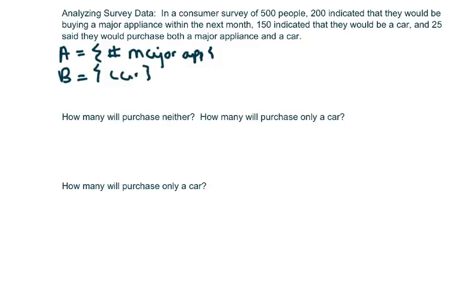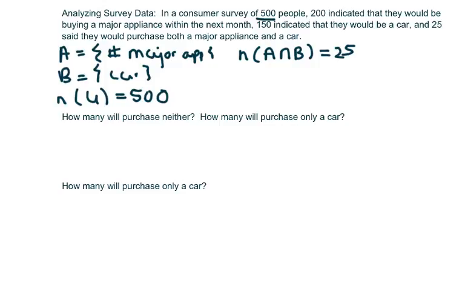Okay, so we know that the number in the universal set is 500. So it's a survey of 500 people. And the intersection of A and B is given as 25.